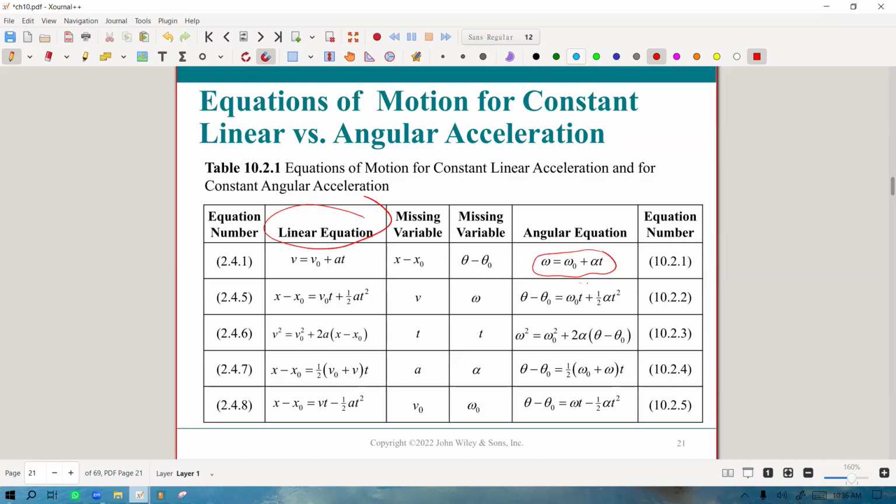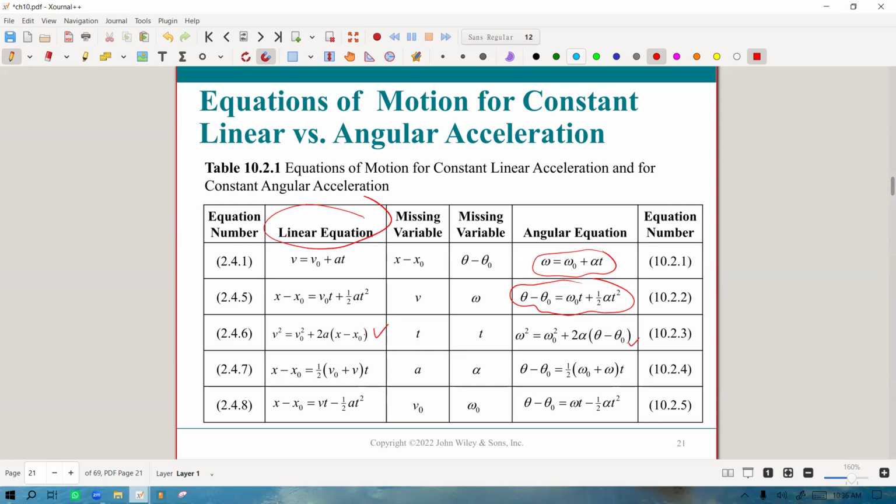It is analogous to here. If we search the displacement angle, or delta theta, it is equal to omega 0 times t plus half alpha t square. Also here, it's analogous.